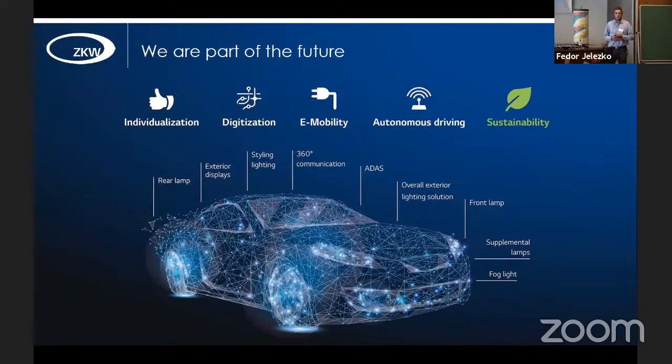In the future, you may think, well, when we want to drive autonomously, like everyone says, where is the need of a headlamp? But in the future, we think there is a lot of light around the car and driving the car. So the rear lamp, the exterior displays, will be, of course, a front lamp, but the front lamp will be also combined with sensors, a lot of sensors.